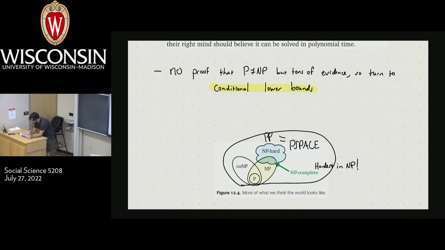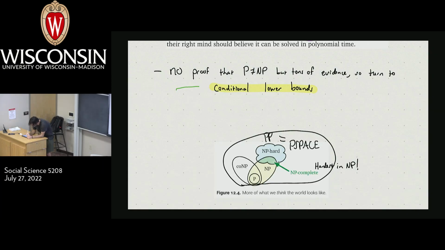So the point here is we can't say for sure that P does not equal NP, but what we can do is give a conditional lower bound. So it's not a true lower bound. We can't say this problem takes exponential time, but we can say if it is possible to solve it, then we could solve everything. And so it's unlikely we can solve it.